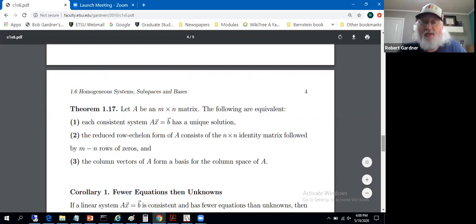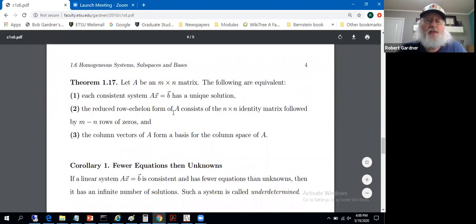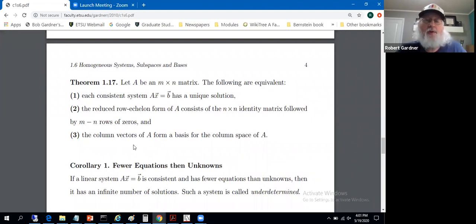Only square matrices have inverses. And Theorem 17 says, maybe more the corollaries that are useful. We'll see if we can make sense out of this in the same way, thinking about how you'd solve these systems of equations, augmented matrices and row reductions. Let A be an m by n matrix. The following are equivalent.